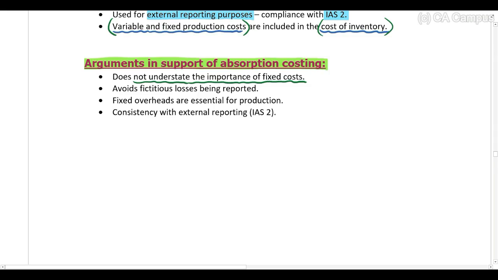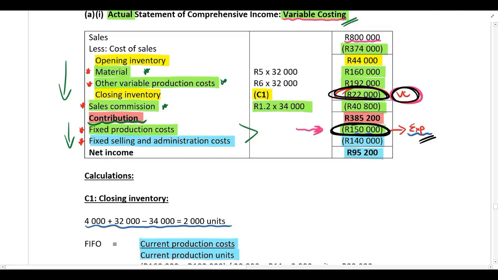Another advantage of absorption costing is it avoids fictitious losses being reported. So you might have a situation where with variable costing, you report fictitious losses. So when can this happen? Let's say we're dealing with a company that has seasonal fluctuations in their sales. So let's say, for example, we have a company that makes winter boots.